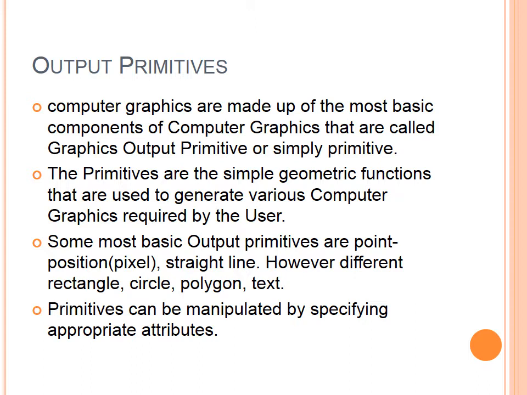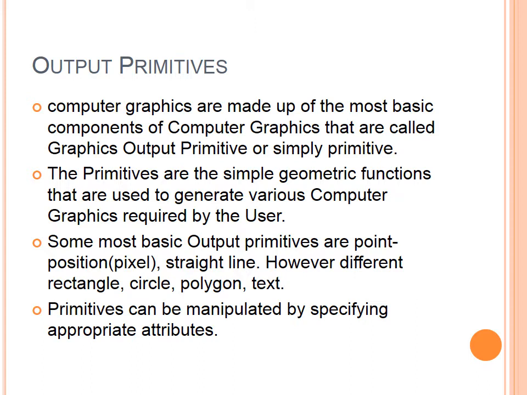Computer graphics are made up of the most basic components that are called graphics output primitives, or simply the primitives. The primitives are the simple geometric functions that are used to generate various computer graphics required by the user.